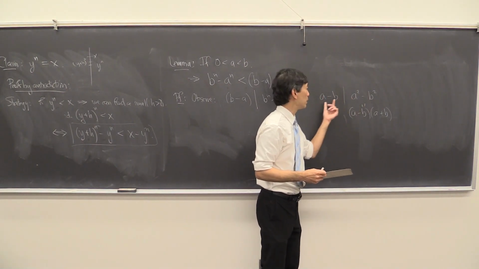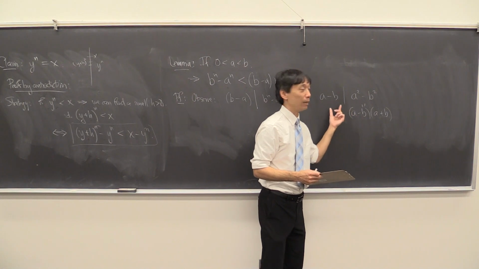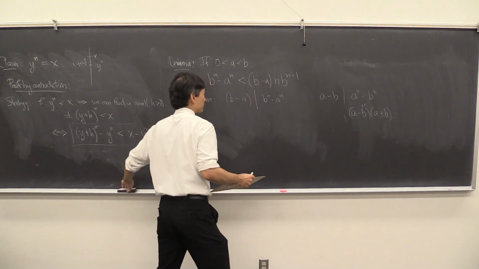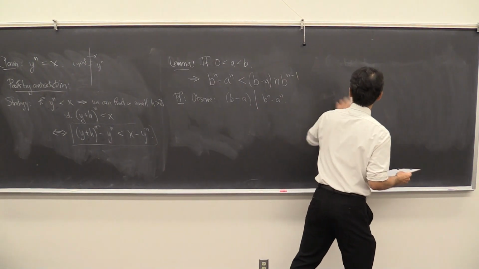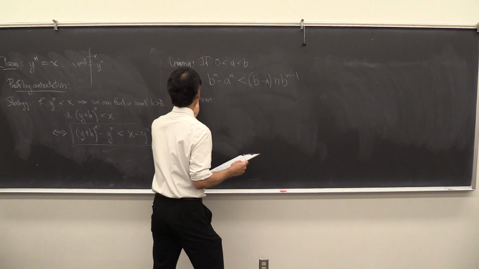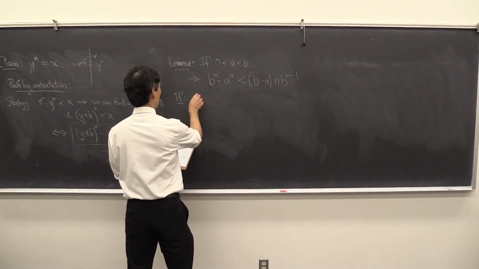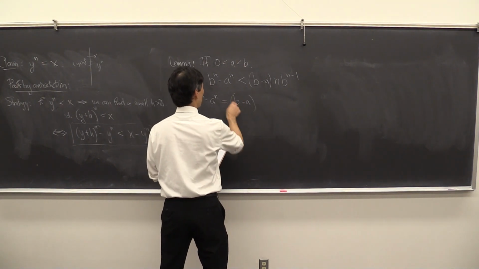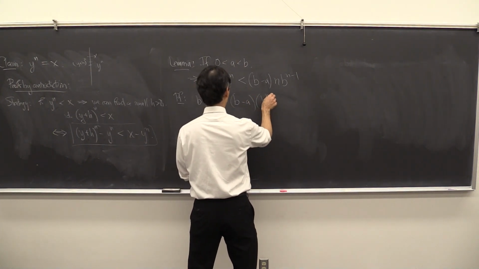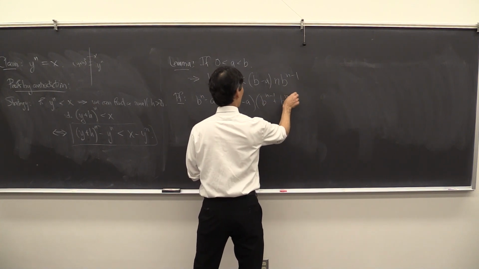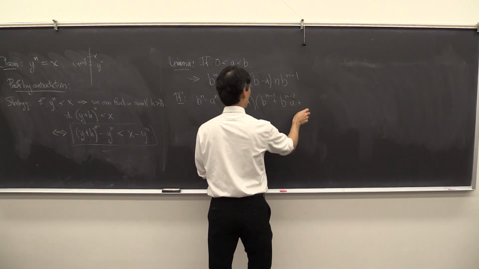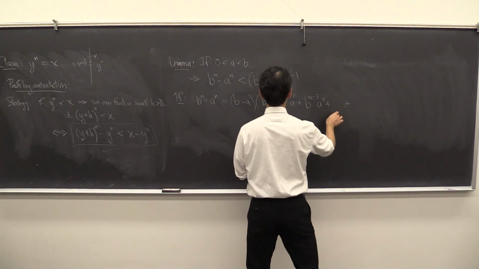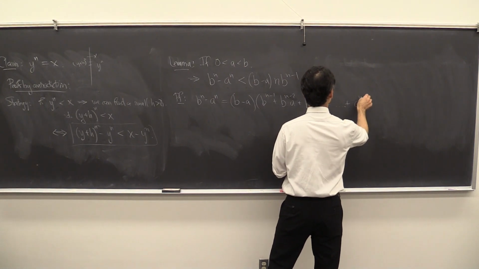Similarly, a difference of cubes, a minus b factors cleanly into that. A difference of fourth powers, a minus b factors cleanly into it. Okay, so if you work out the division, what happens is that b to the n minus a to the n is b minus a times b to the n minus 1 plus b to the n minus 2 a plus b to the n minus 3 a squared, plus all the way down to a to the n minus 1.